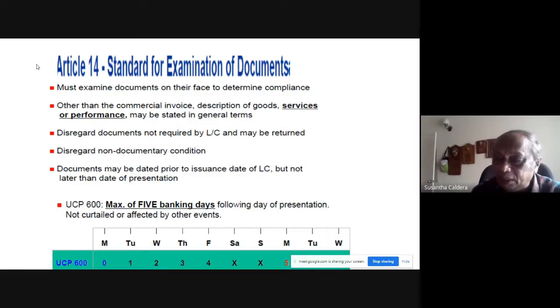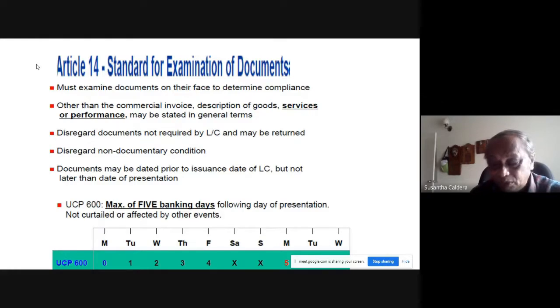Now they may say the beneficiary must send it, because without this document they can't clear customs. They say they can't clear without this packing list, which was not in the LC. Then you have to take a decision: either send it without checking, right?